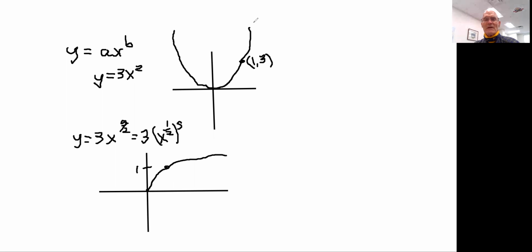So anything in here between 0 and 1 is going to get smaller as I raise it to the 5th power. And then all these things outside here are going to get bigger. So this basically is going to look something like that, if I could draw a straight line. And then I multiply it by 3, it just makes it 3 times as tall, okay?